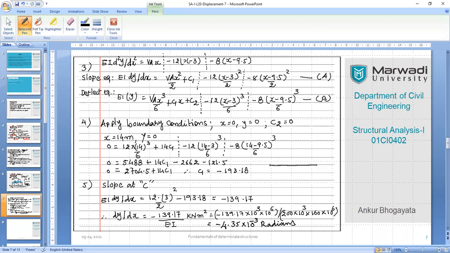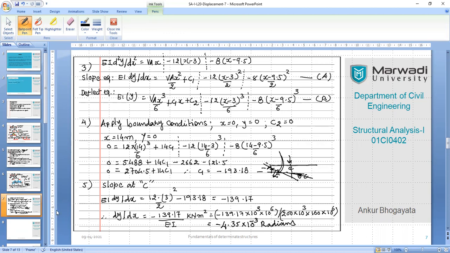Let me show you. This is point C, and when you have deflection, you have slope theta C. Theta C is negative because it is clockwise, right? That is the sign.